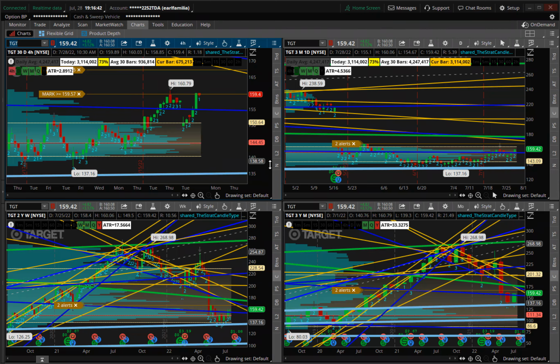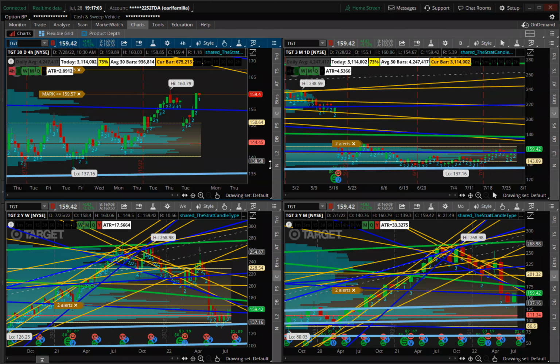But like I mentioned in the beginning of the call, I'm looking for continuation plays, not so much plays that are in conflict or need to reverse back to the upside. I'm looking for those that are already moving in our favor and going, and we're looking for consolidation to move back in continuity. So that's the idea.